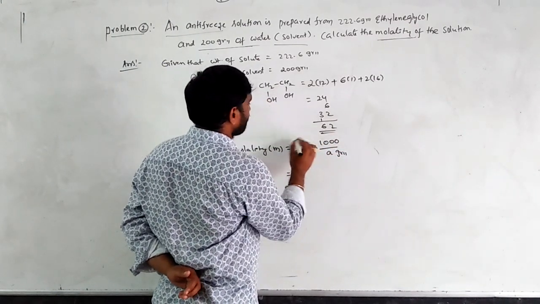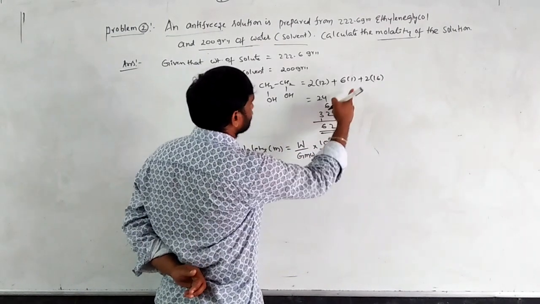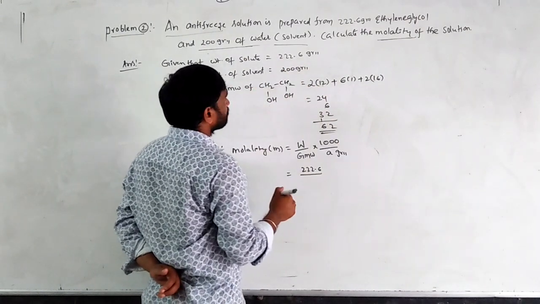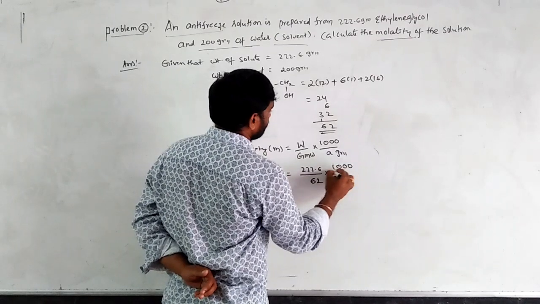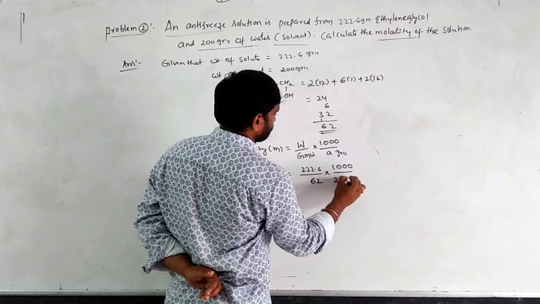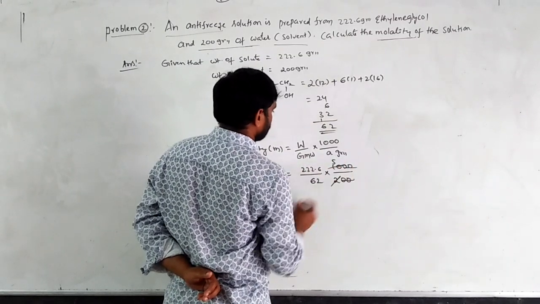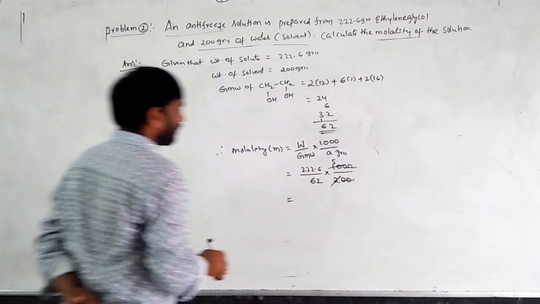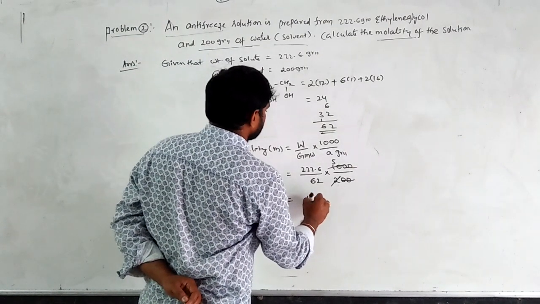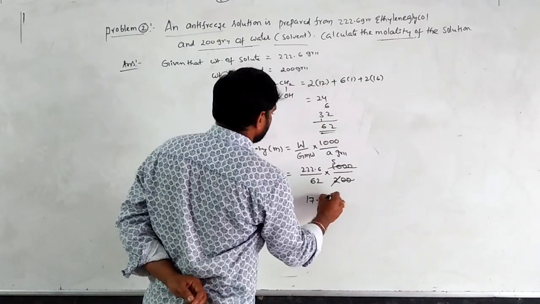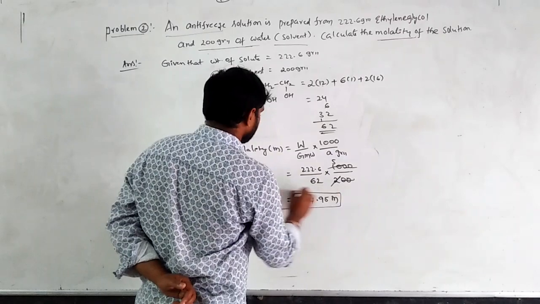Weight means weight of solute, 222.6, by gram molecular weight of ethylene glycol 62, into 1000 by A 200. Now the answer is 17.95. So this is the molality of the solution.